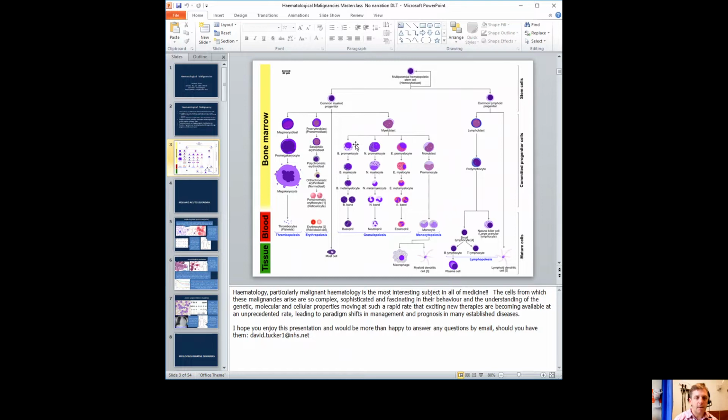So there's a mutation occurring early on around this area. Or you can have an essential thrombocythemia, which is where you have a mutation occurring at this stage here, making lots of platelets, or a polycythemia vera, where you have a mutation probably occurring around here, which is where you make too many red blood cells.